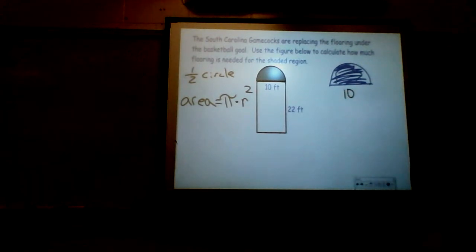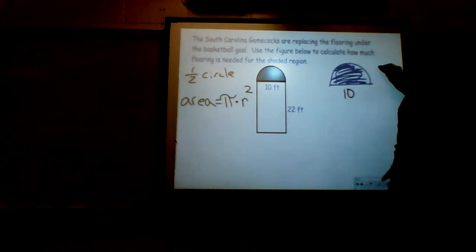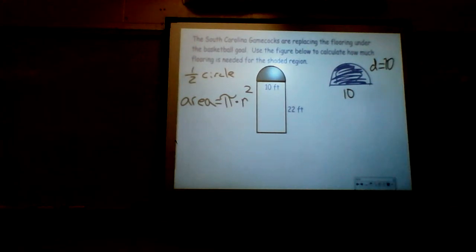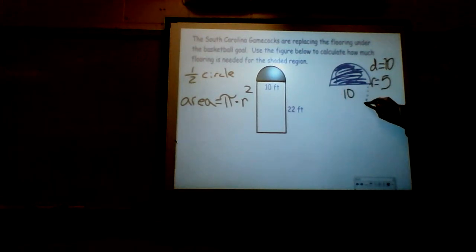What I know about a circle is if something touches the 2 points of it and passes through the middle, that's the diameter. So the diameter of that circle is 10, and the radius of that circle is 5. I'm saying circle because obviously if we had the whole thing, it would be a full circle.